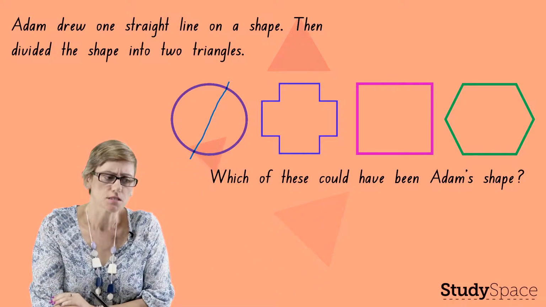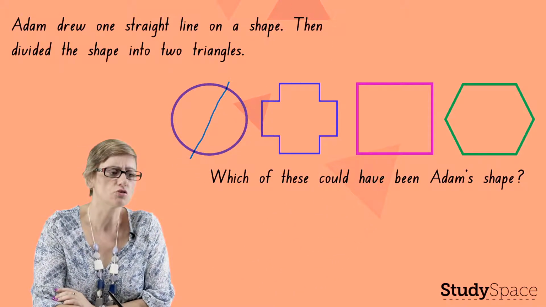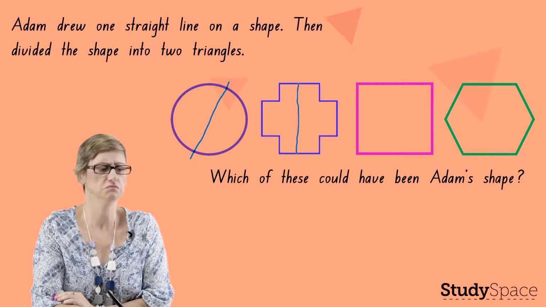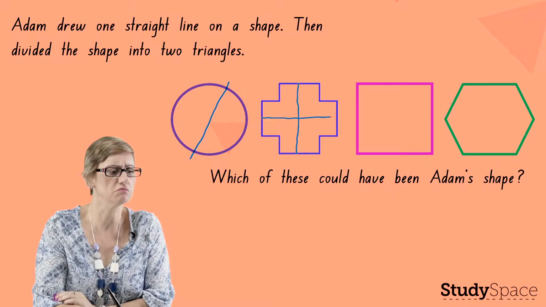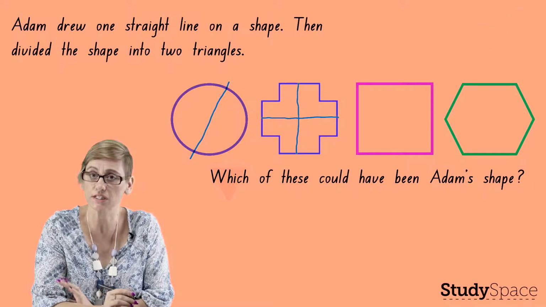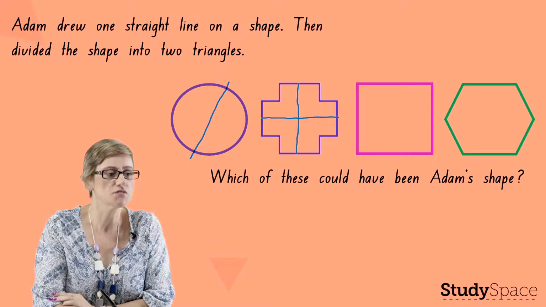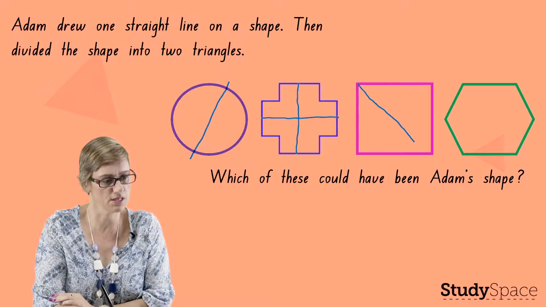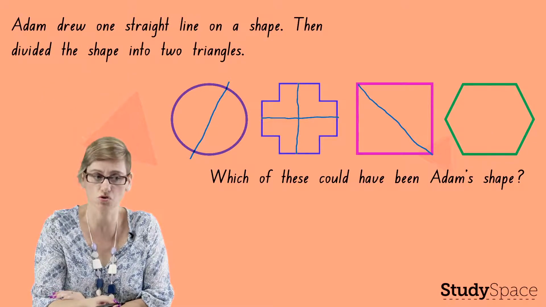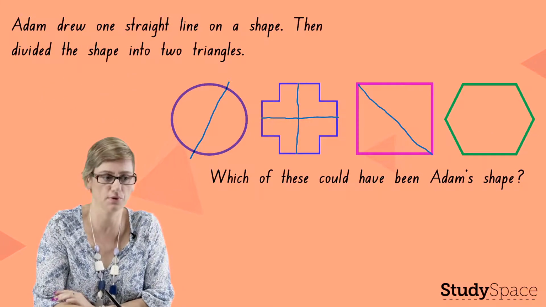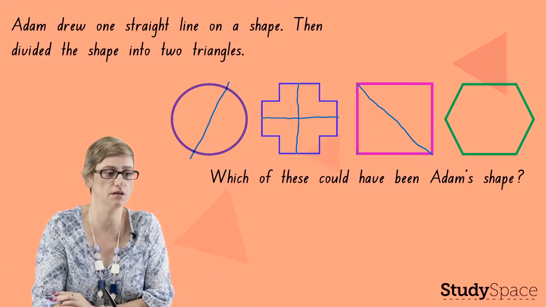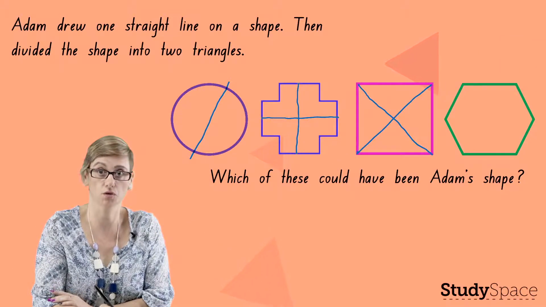The cross. Now, if I draw one line down the middle, is that going to give me a triangle? No. What about through the middle? No. So that's not going to give me a triangle. Let's have a look at the square. So if I go diagonally across the square, that will give me two triangles. And if I go the other way, it will also give me two triangles.